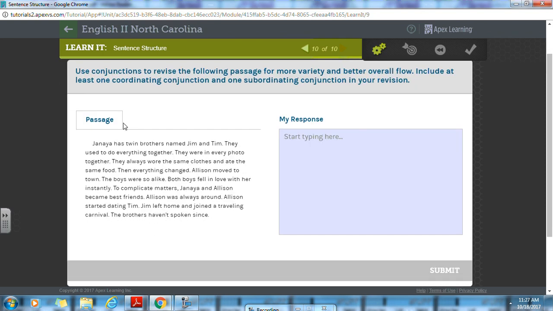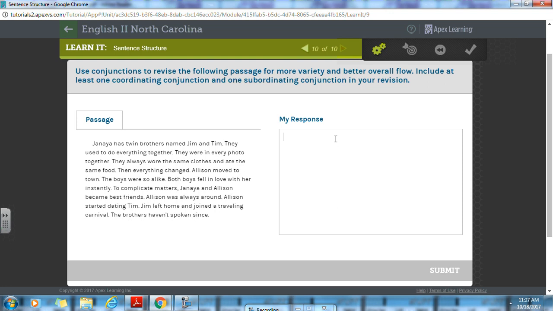So let's model it. Use conjunctions to revise the following passage for more variety and better overall flow. Include at least one coordinating conjunction, fanboy, and one subordinating conjunction in your revision.